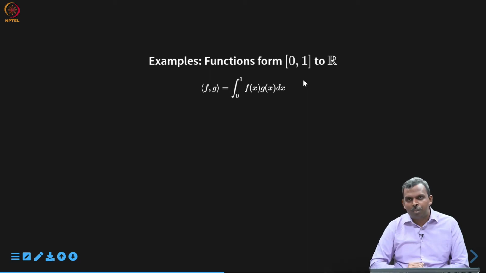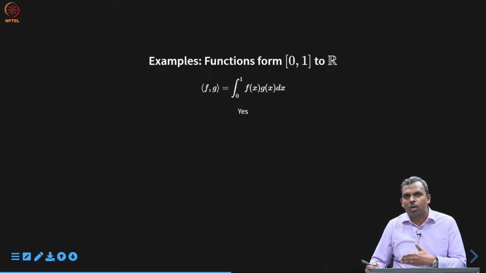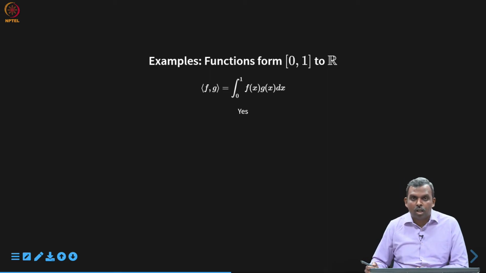So, this will be an inner product. You can see if the integral from 0 to 1 of f of x squared has to be 0, then f of x has to be really 0. Maybe not 0 everywhere, but 0 almost everywhere. That's not a bad way to think of 0 functions.